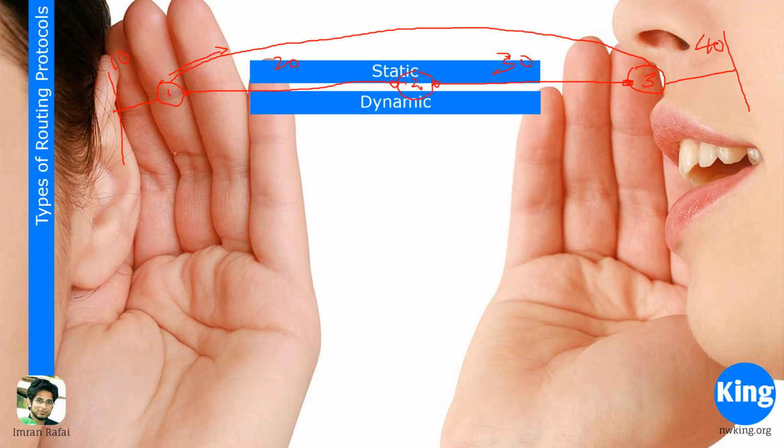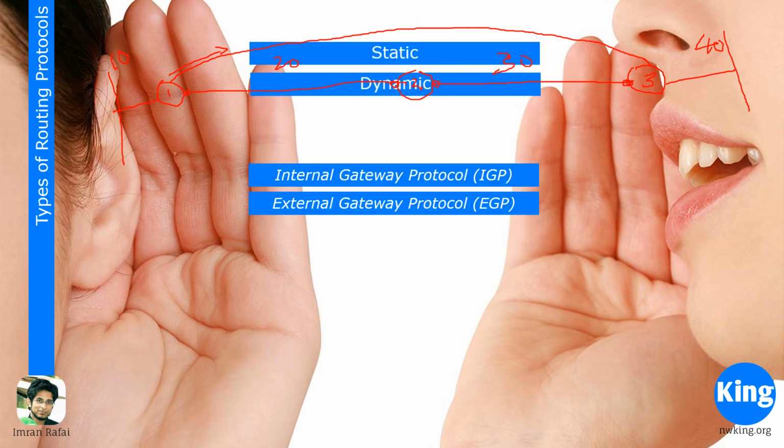So let's look at routing protocols. There are two types of routing protocols: the IGP, or internal gateway protocols, and the EGP, external gateway protocols, right? IGP protocols are protocols which work within a single autonomous system. In plain English, that means every router, let's say you're a small organization and you have 5 routers.